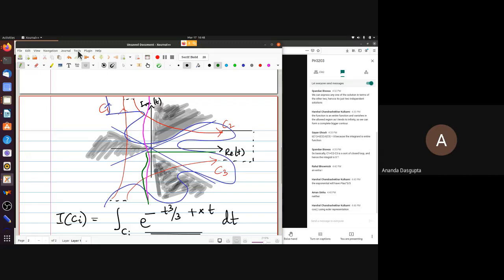So basically, something which bends, something which goes like an L. And also, of course, for C2.